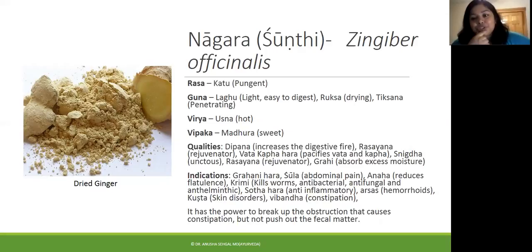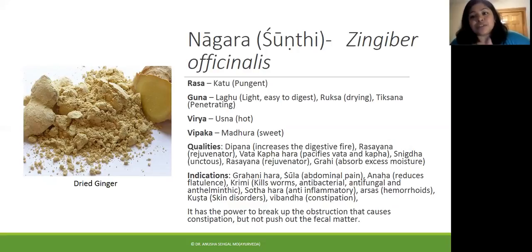So dried ginger powder is higher in the ushna quality or potency compared to fresh ginger. That's the reason why classical texts and certain formulas indicate which one to use, and why they have two different names. Adraka is the term for fresh ginger, and Shunti or Nagara is the term for dried ginger.